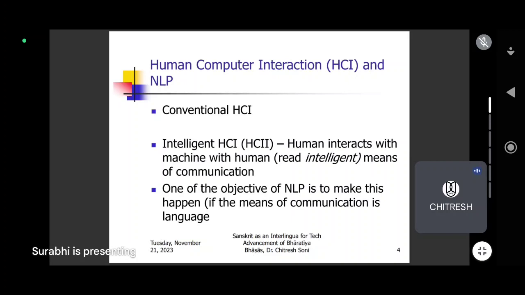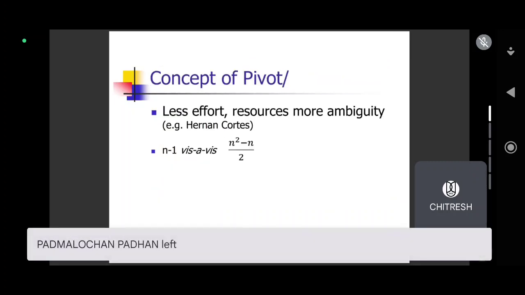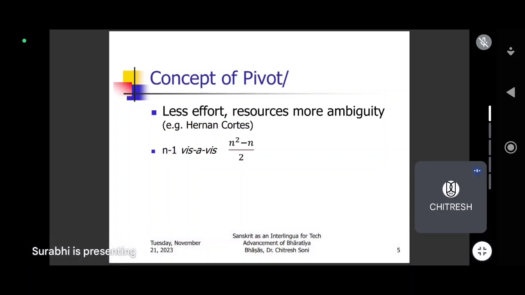And one of the objectives of NLP is to make this happen, particularly if the means of communication is language. Next, please. Okay, so for making this possible, you all know machine translation, because you have to translate your language.